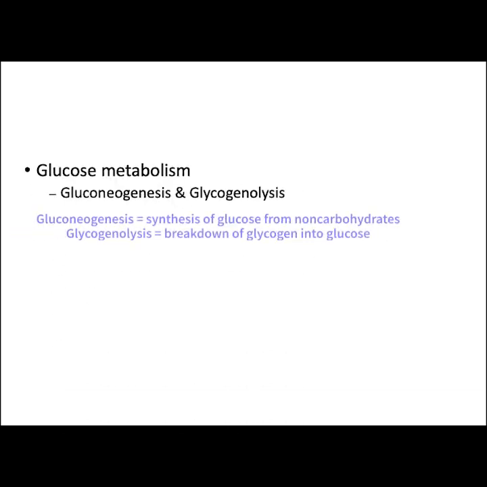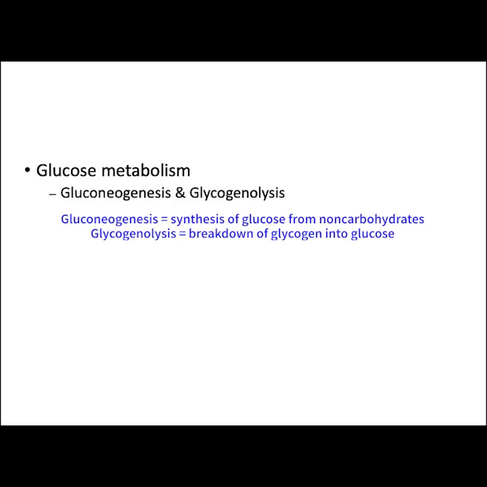A second function of the hepatocytes is glucose metabolism. Glucose can be synthesized from non-carbohydrates, such as proteins and fats, and that process is called gluconeogenesis. In addition, hepatocytes can take glycogen that is stored in the liver and break it down into glucose through the process of glycogenolysis.